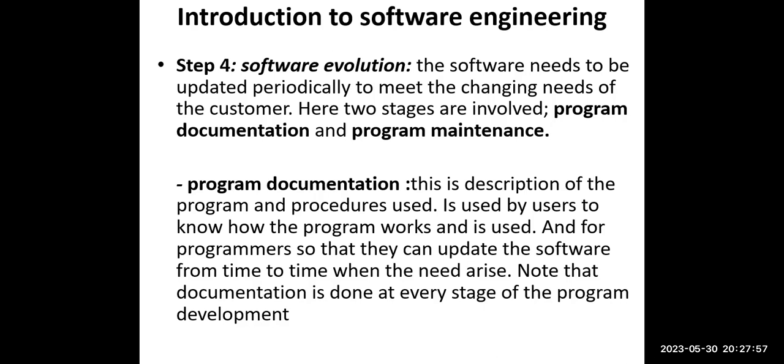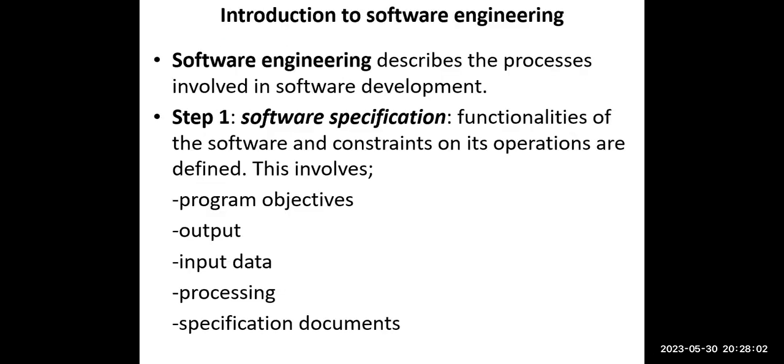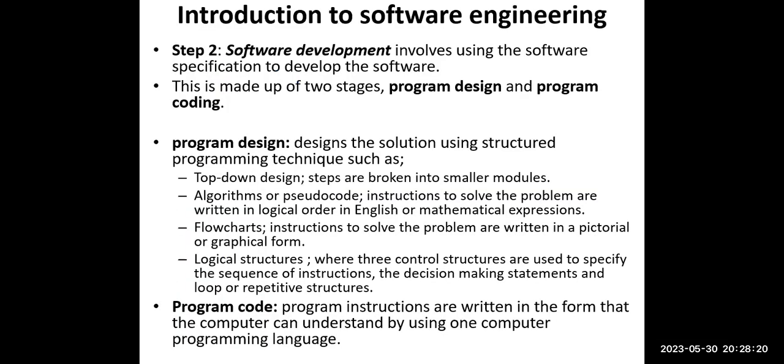So any question up to this point? At least we have gone through the 4 stages: software specification, where you know the functionality and the constraints, and from there you get the objective, the output, the input data, and the processing that should be done on them. And you put them in specification documents. We come to the second stage, which is the software development, where you do the design and coding, where you make step-by-step instructions, an algorithm.